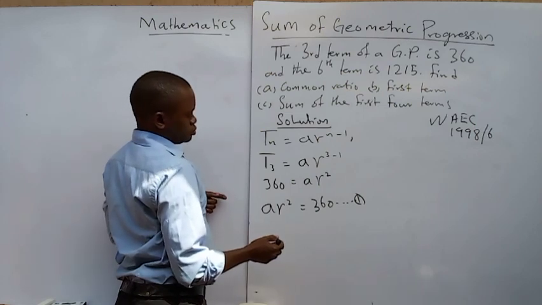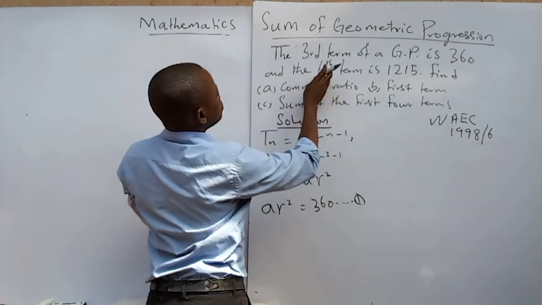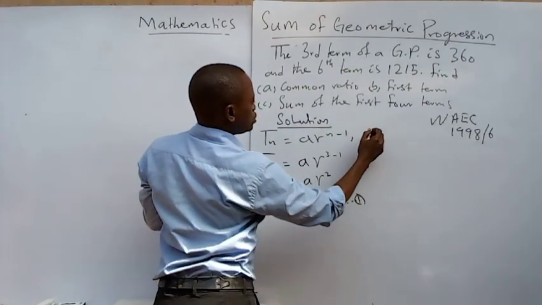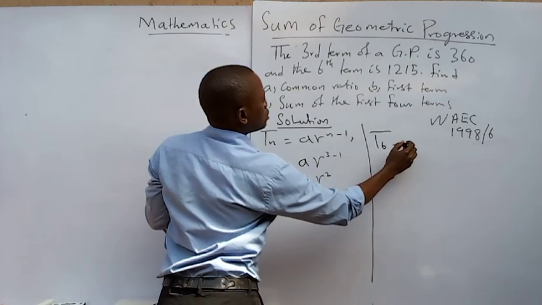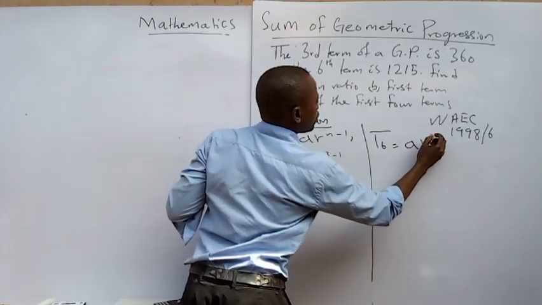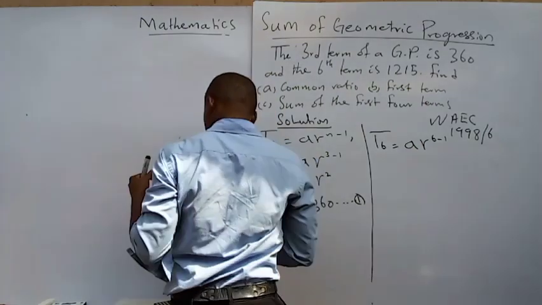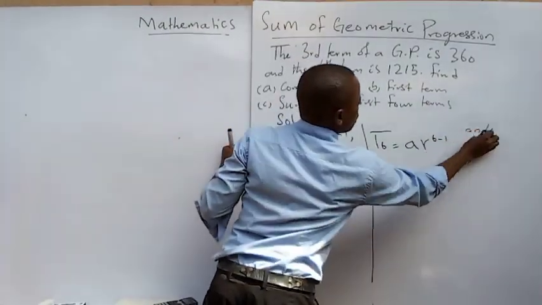I will again generate an equation for the sixth term. T6, from the same mathematical expression, is a r raised to power 6 minus 1. You've seen that it's a WAEC example question; you can go and check it out.